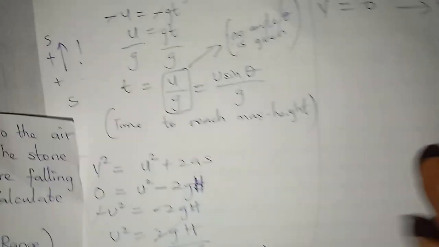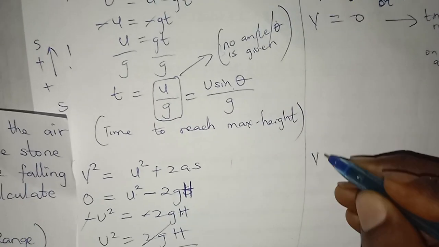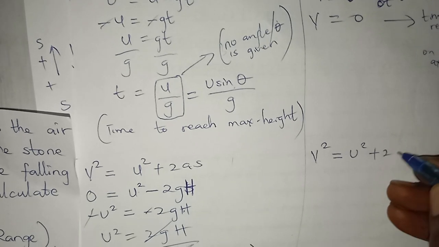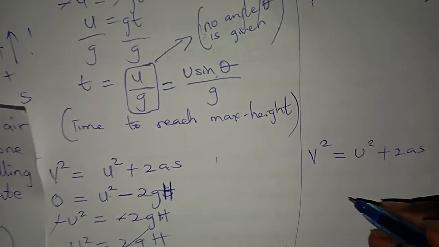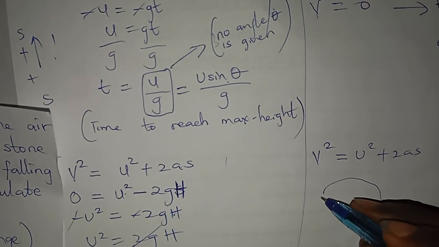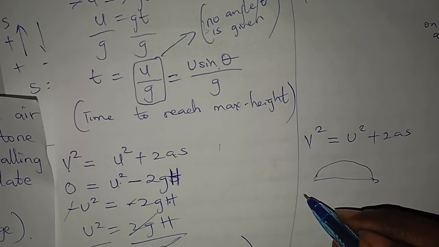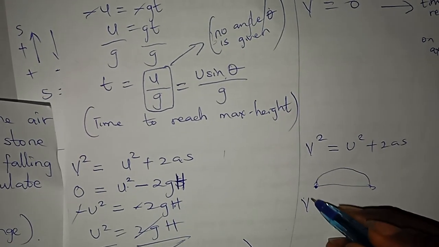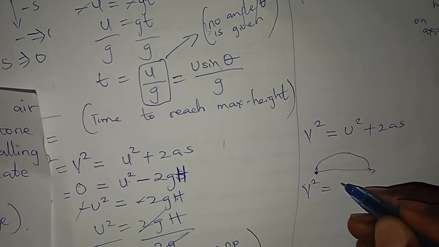Now let's check if it's possible to get maximum height on the horizontal axis. Now v square equals u square plus 2as. If this is our projectile and this is horizontal, then at this horizontal point, as the body moves from here to here, v square will simply be equal to, as it moves up and comes down, u will also be 0.